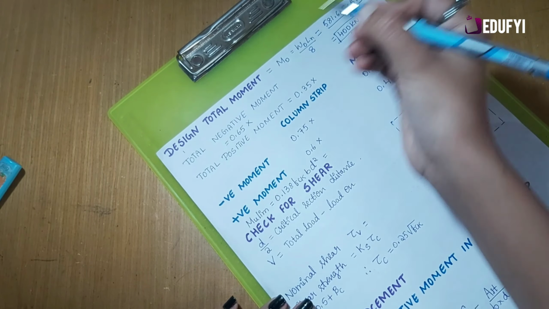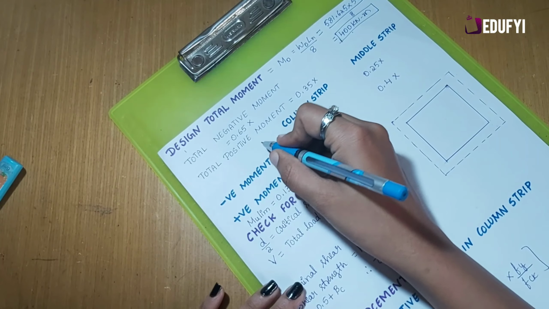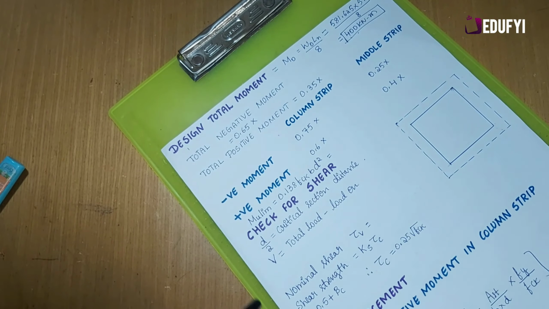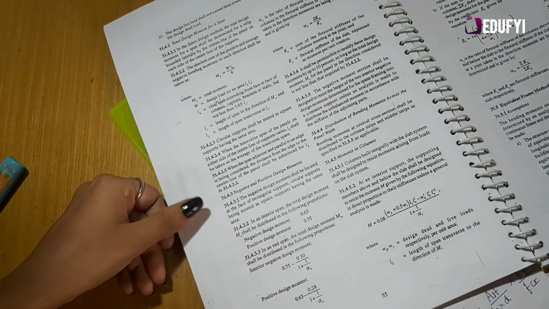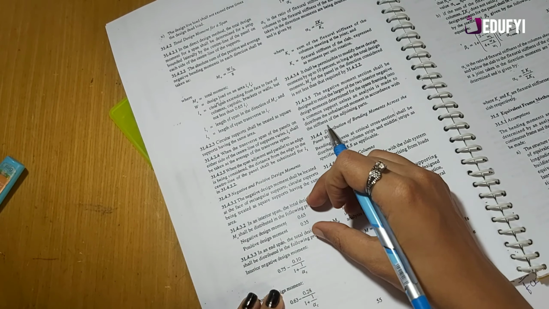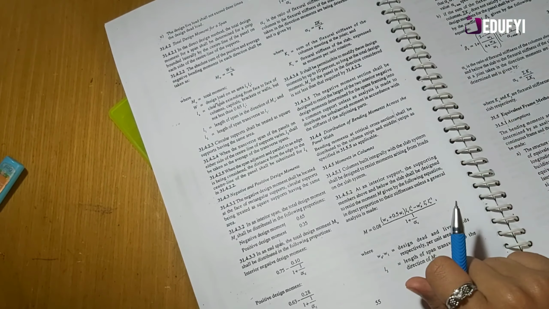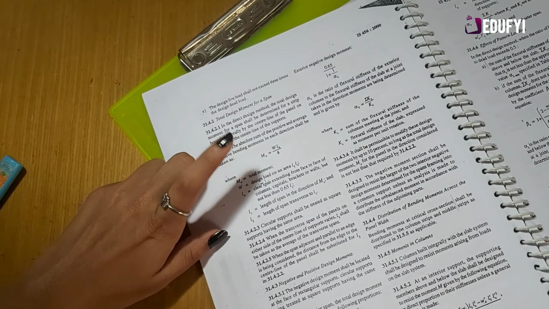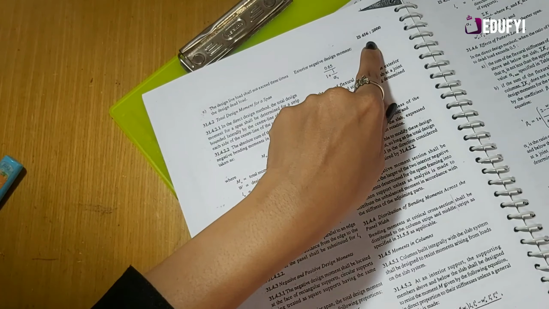This consists of both negative and positive moment. We have to divide this moment into two parts, and again this formula is provided in IS 456, clause 31.4.3.2 here. Okay, this is for interior panels, this is for the exterior panels, and this is the moment formula that I took from IS 456 2000.